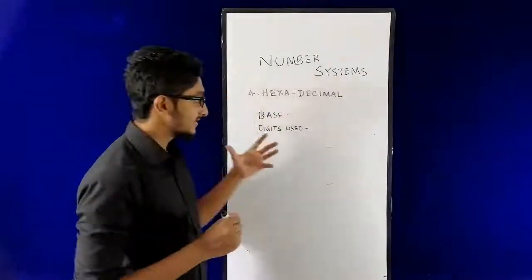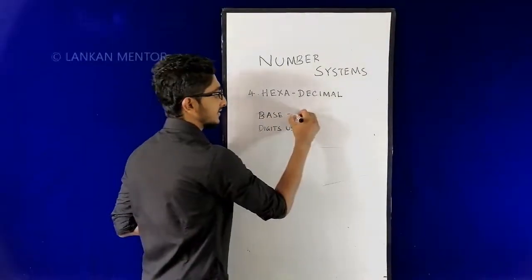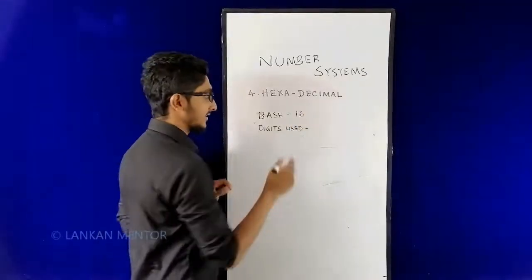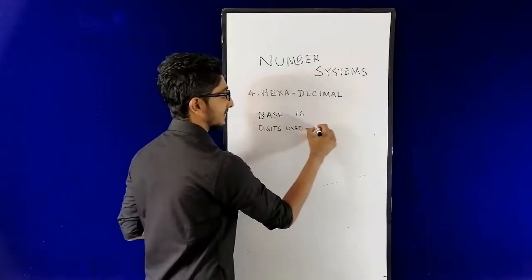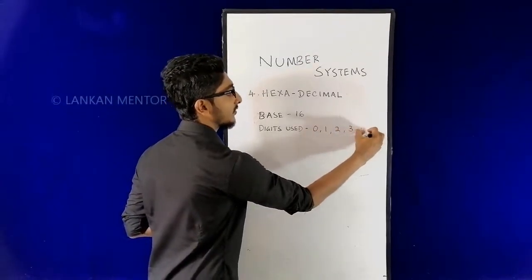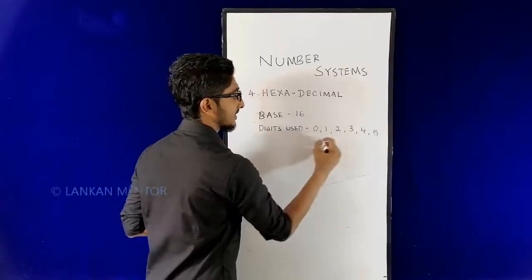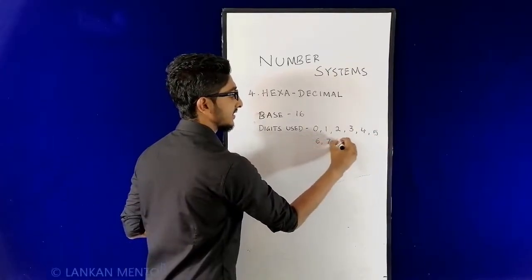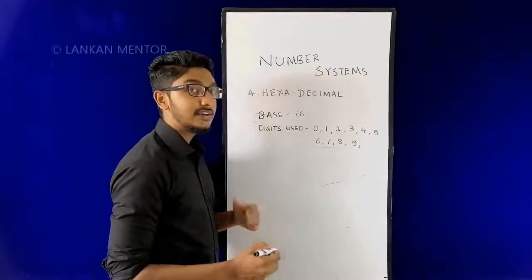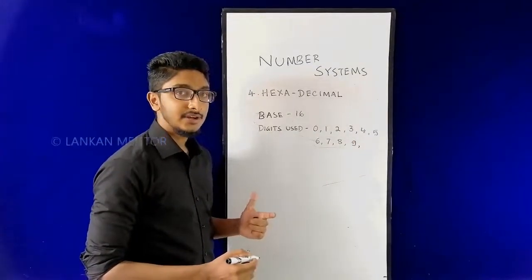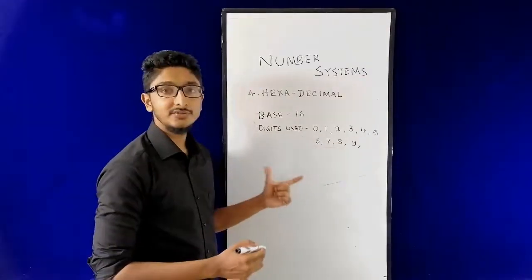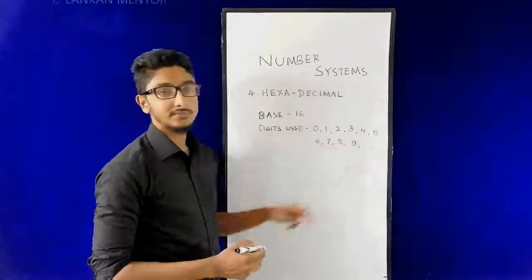Okay, so for hexadecimal we have base 16. Base is 16 and the digits used are 0, 1, 2, 3, 4, 5, 6, 7, 8, 9. Now we have 10, right? So you can't write 10 like this. Like any other numbers, you don't write 10 as a whole number.